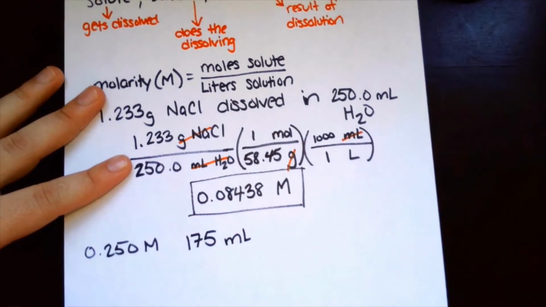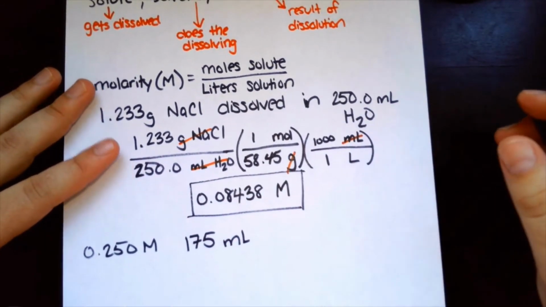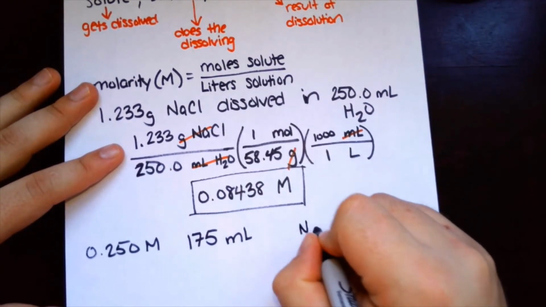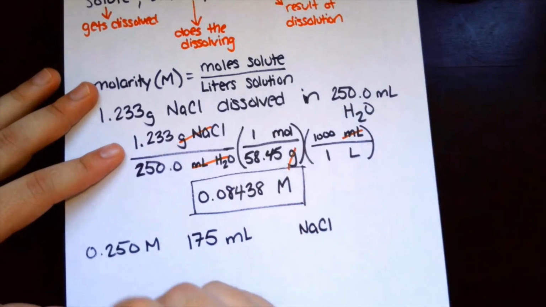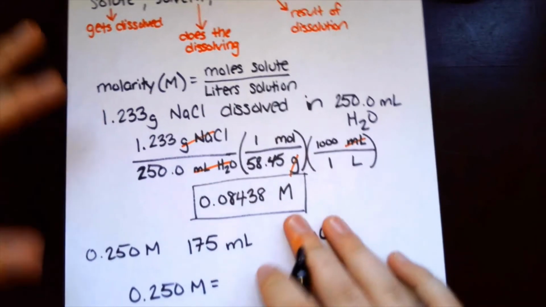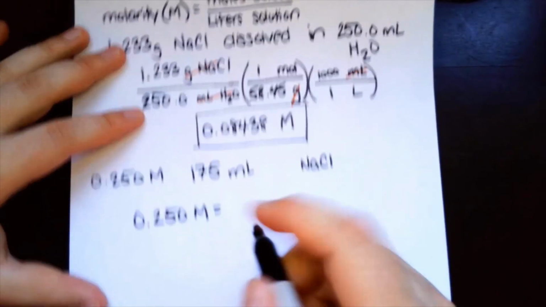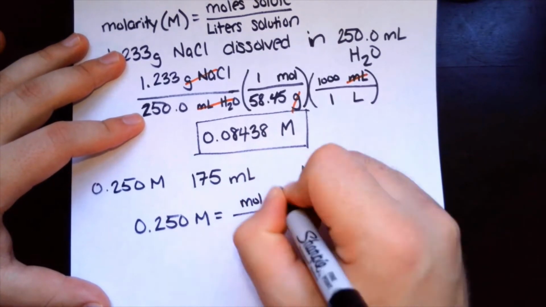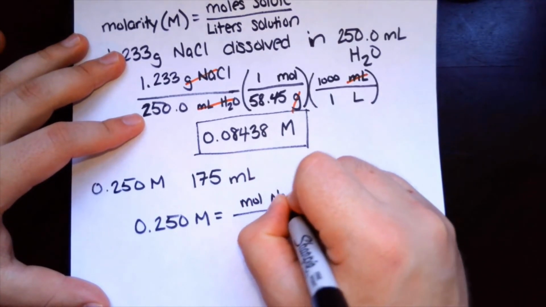And we want to know what the number of moles of our solute is. Then we'll say that this is a solution of NaCl again. So we can set up our calculation. So we've got 0.250 molar equals, so we're looking for X, so moles of NaCl, which is what we're looking for.